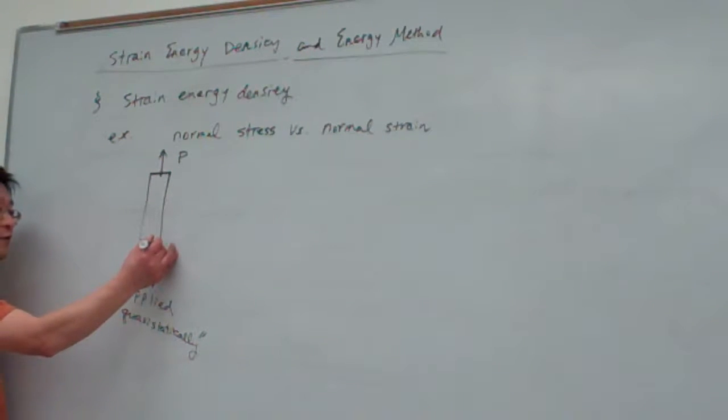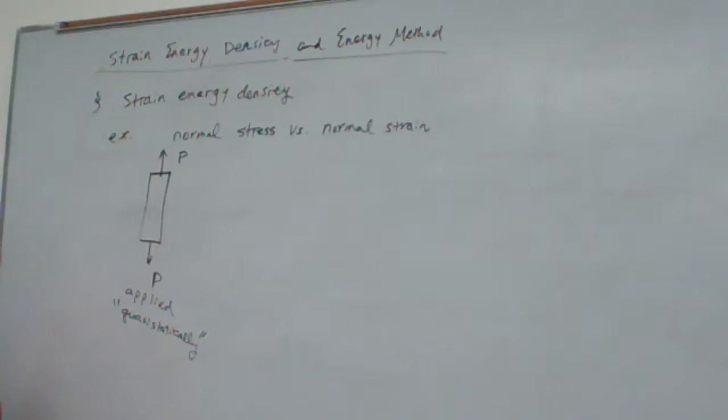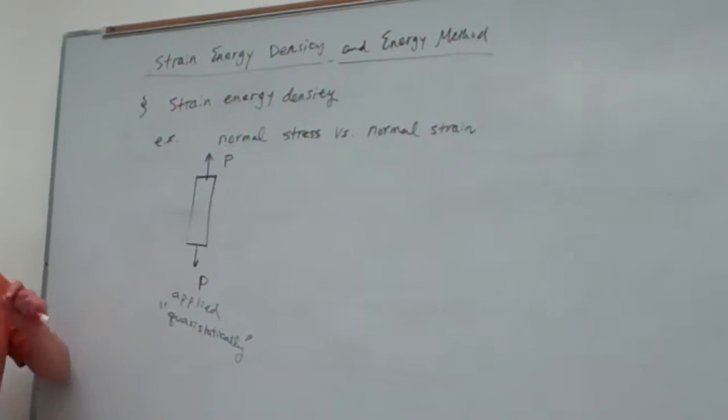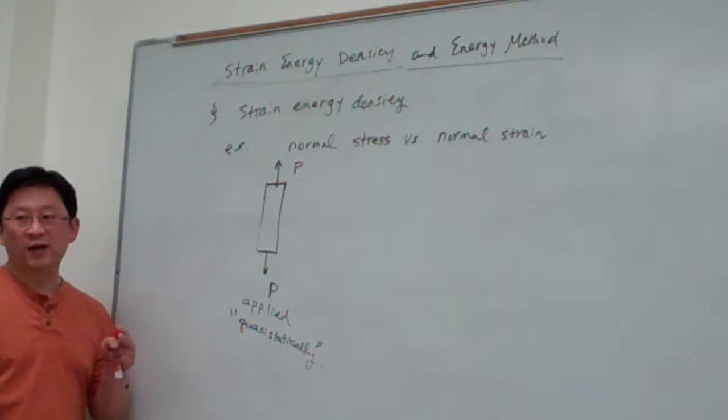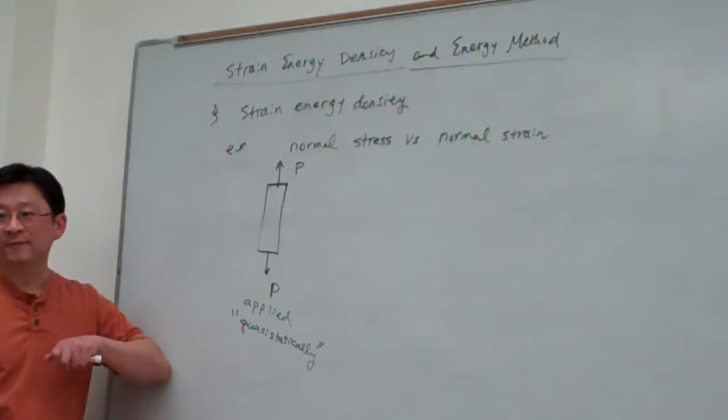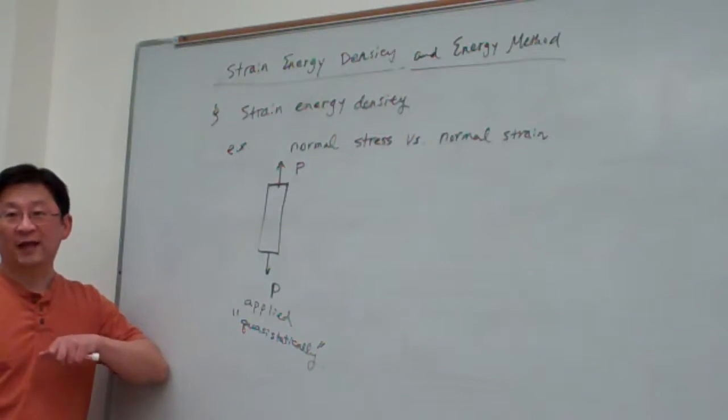In your vibrations course next semester, you will see that if I have a loading like this, a point loading or impulse loading, the impulse loading includes the momentum of the dynamics. It will produce an equivalent load that is 2 times the load I apply. That is the influence of dynamic loading.